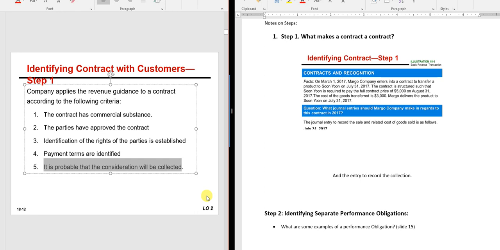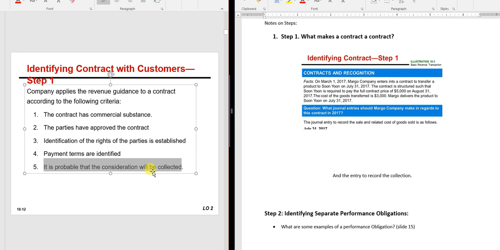But so certainly, usually these probable consideration will be collected. Most of those, we're looking at it at a macro level of overall of all these customers, how many will pay me and how many won't pay me, and then I can make an estimate of it.